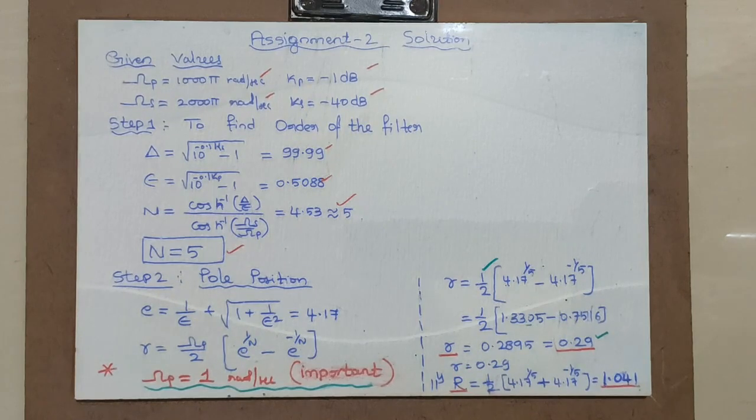Now let us go ahead, continuing with step 2. Step 2 today I will elaborate so that the difficult thing, finding out the pole position and then the order of the filter, I mean the polynomial, we will make easy in this video.